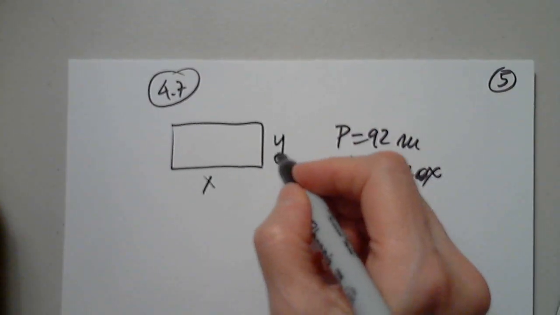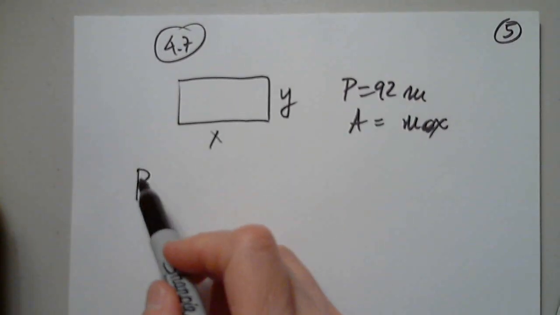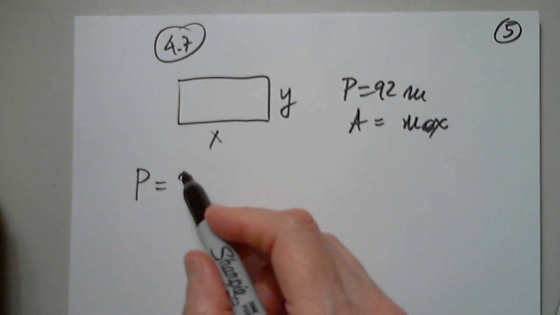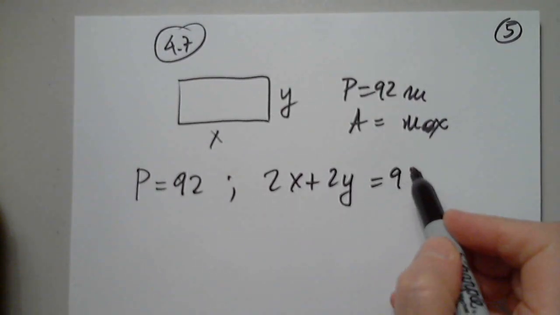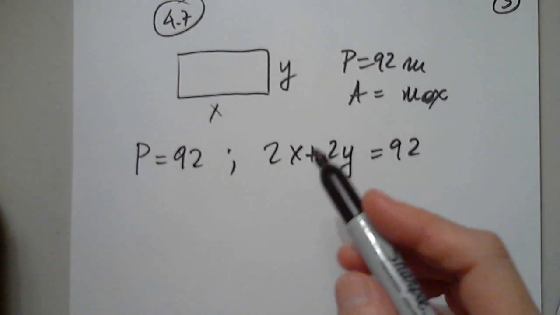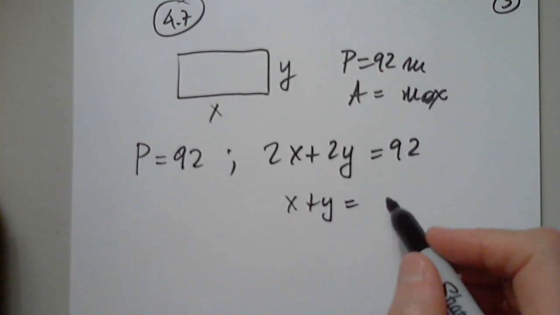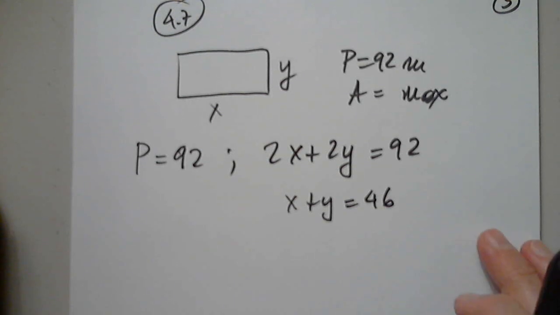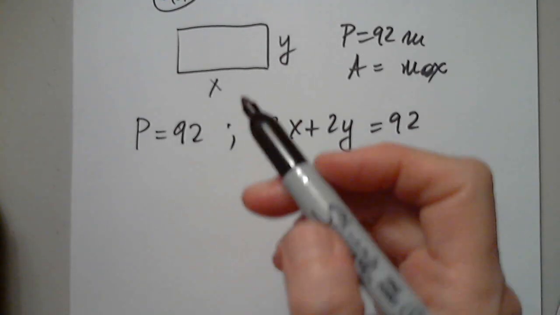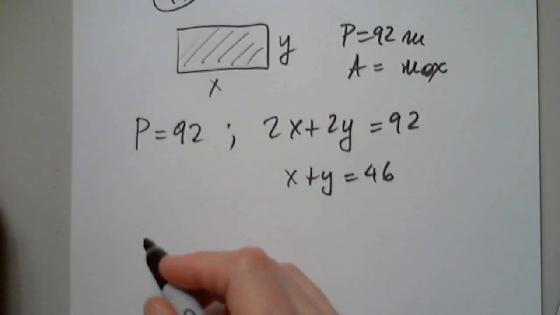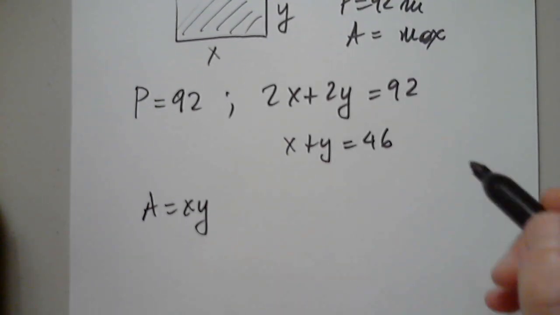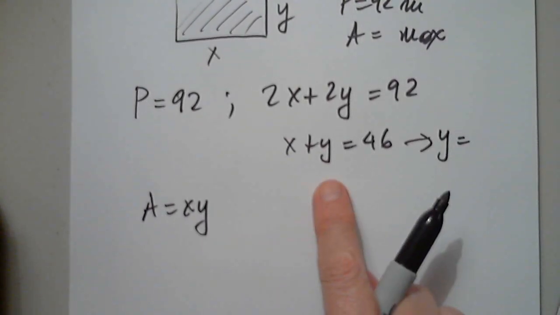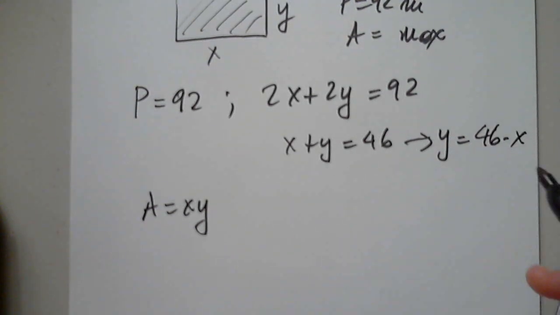Okay. So the perimeter equals 92, which means 2x plus 2y equals 92. Of course, I'm going to divide by 2, and I get 46. The area equals x times y. I can't have two variables, so I'm going to remove y from here. 46 minus x.